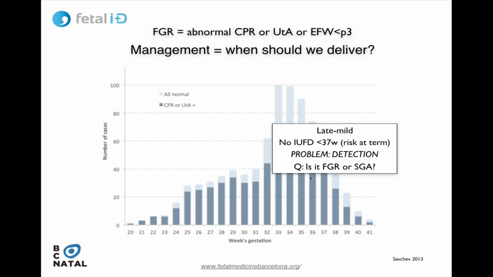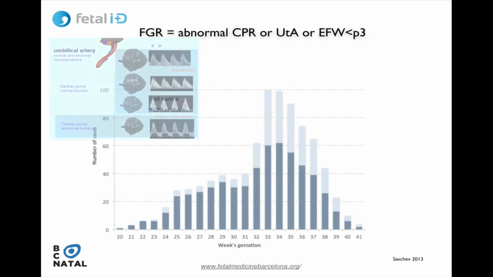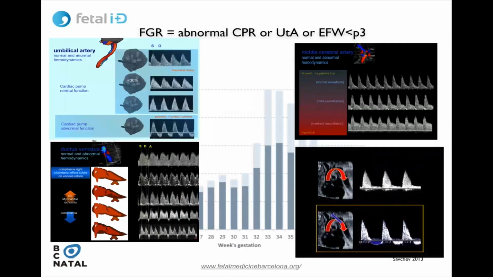But as we said, there are these cases here. These are the severe ones. And here the question is should we deliver, should we wait, how long should we wait? We know that we have many parameters, most of which are Dopplers: umbilical artery, middle cerebral artery, ductus. How should we combine these?